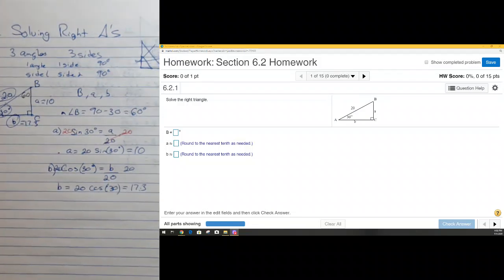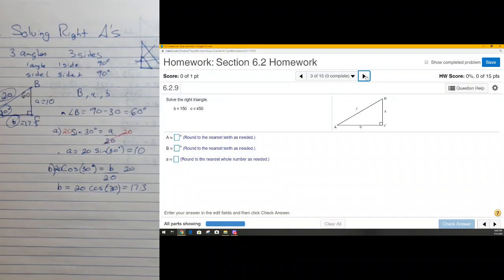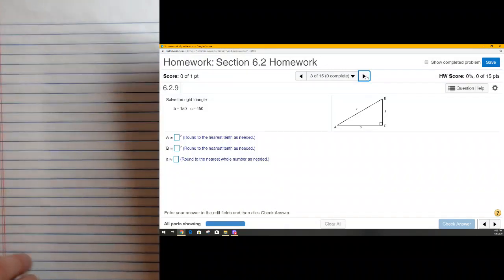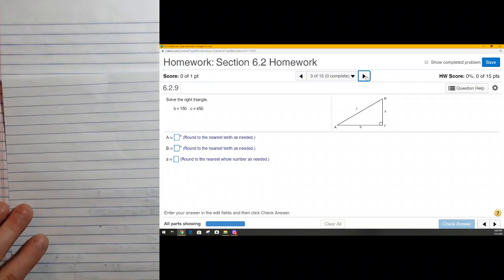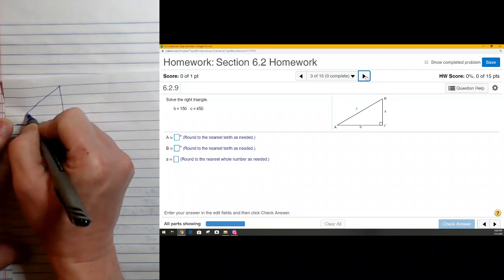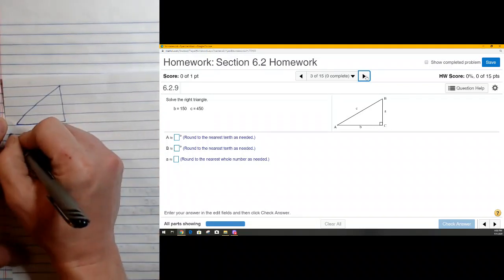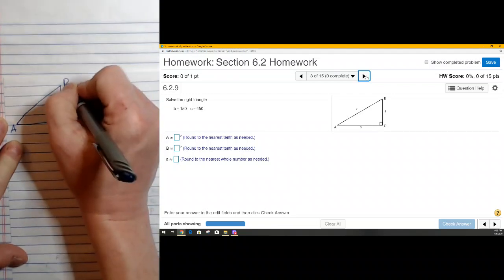Let's look at a different example on your homework where you're given two sides. Great. So this one, try to save some paper here. So here I have my triangle. I have A, B, and C. Sorry, A, C, and B here.